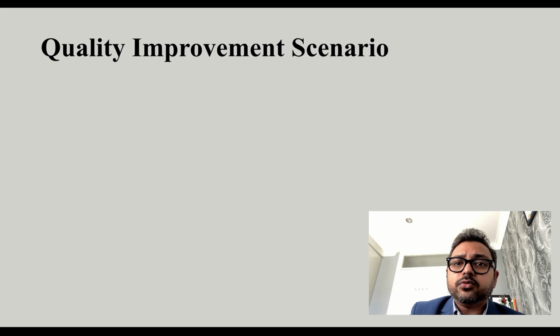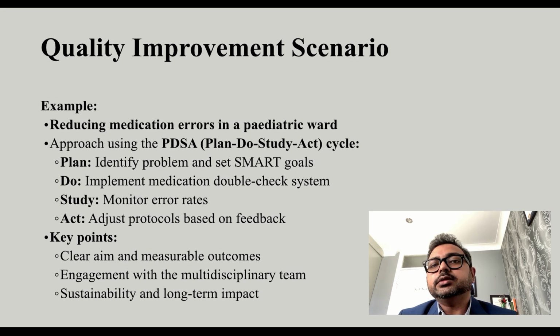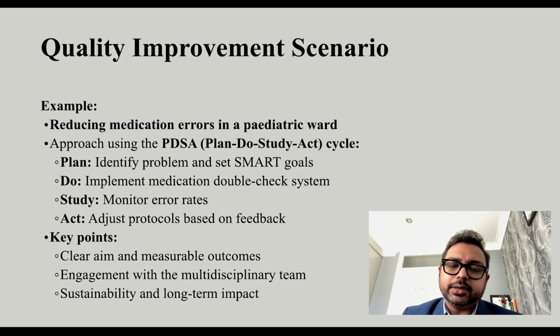And the fourth one is a quality improvement scenario. Suppose you have been told that a medical error has happened; how do you escalate it? First of all, take a medical error like gentamicin, which happens very frequently, one of the common scenarios where a drug error is notified.